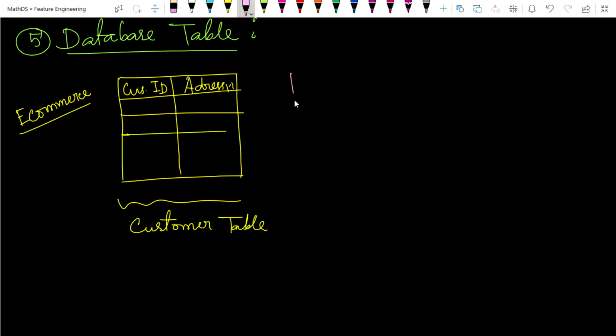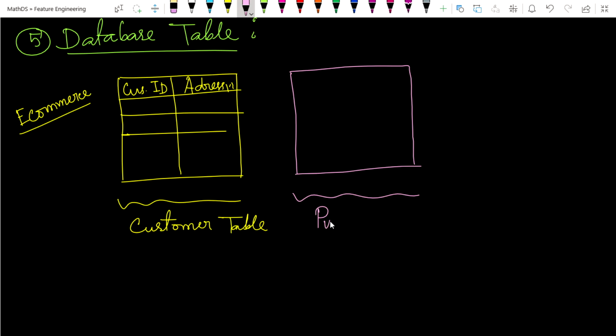There is also another table in the database. Instead of writing everything in one place, suppose these are purchase tables for each customer.